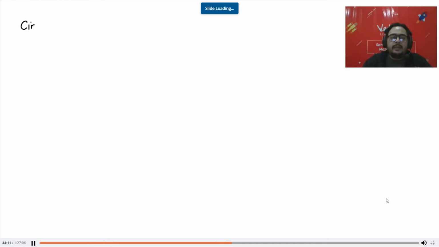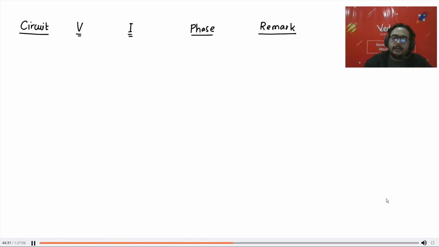Here we are going to take the circuit, here the voltage, here the current, here the phase, or any remark, whatever is required.